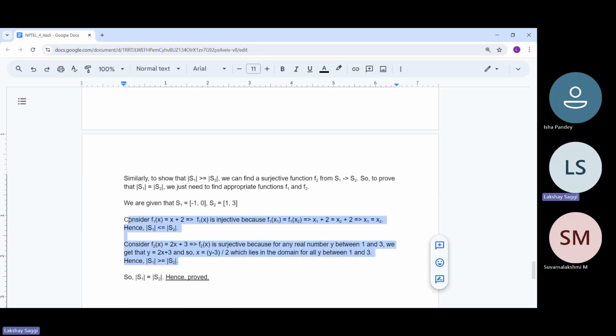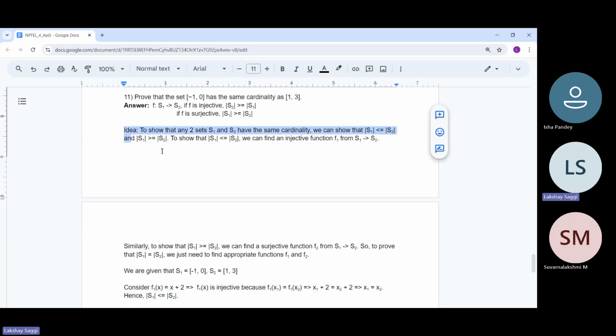And this is not the key component of this proof. The key component of this proof is this high level idea which you should be able to understand: to prove that |S1| equals |S2|, we break it down into proving |S1| is greater than or equal to |S2| and |S1| is less than or equal to |S2|. For proving one of these, we find an injective function. For proving the other, we find a surjective function.